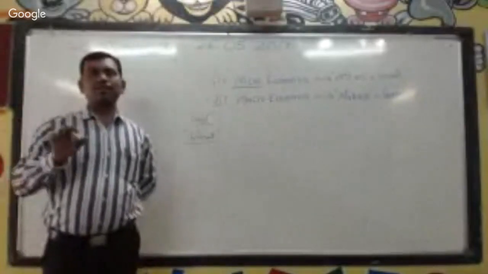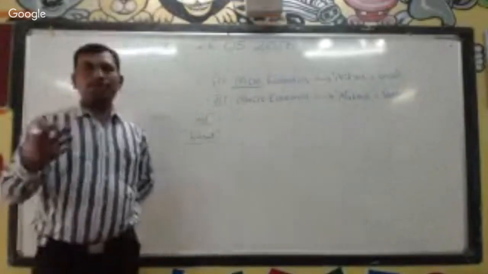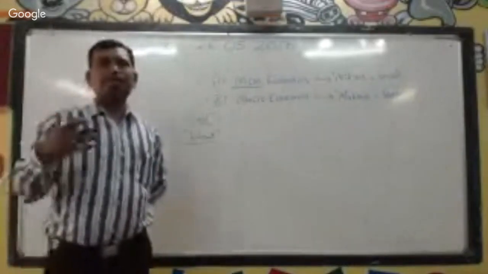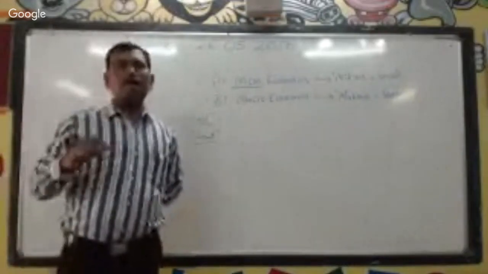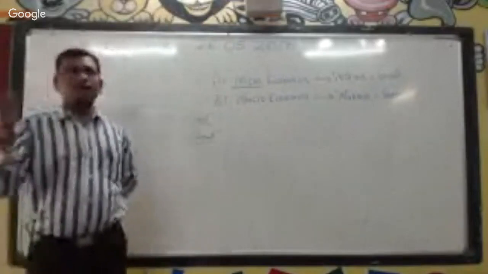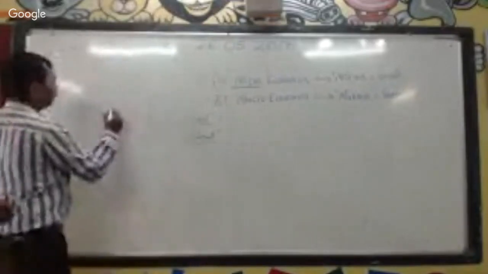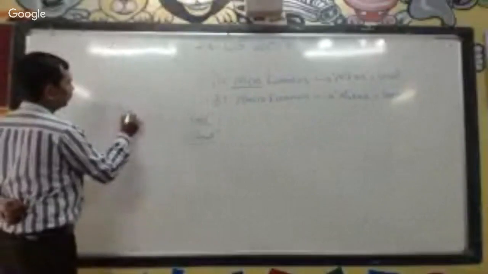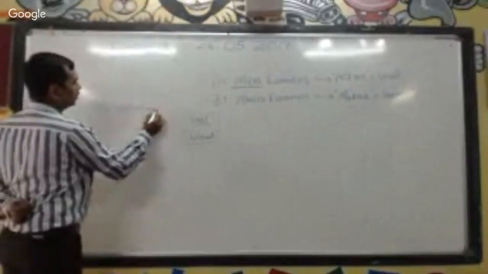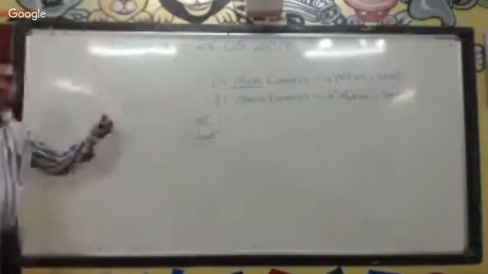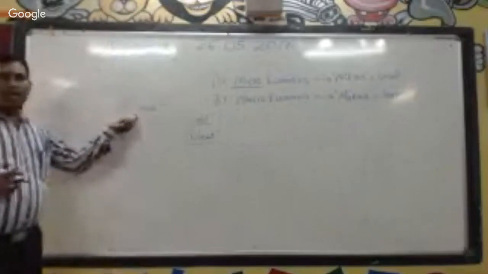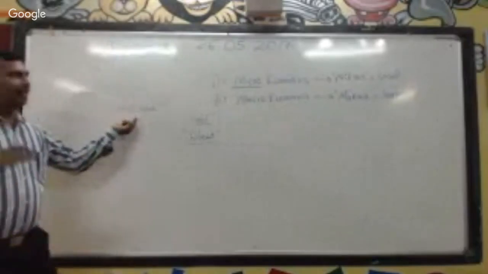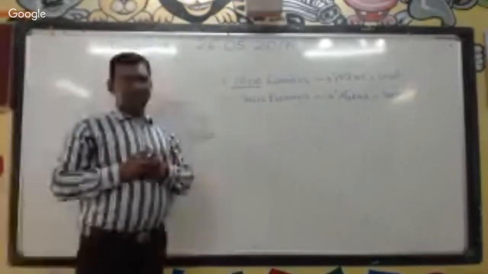What are all the individual units? It may be an individual commodity, an individual household, or an individual firm. For example, Tata Motors is a firm. If you are studying an individual firm like Tata Motors, that comes under microeconomics.